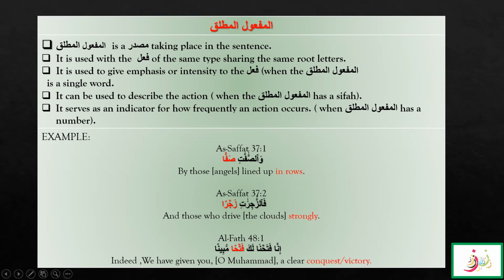The last example for today is Inna Fatahna Laka Fathan Mubina. Here we can see that Fatahna is the verb and Fathan is a maf'ul mutlaq because they are sharing the same root letters and it is giving the emphasis or intensity to the verb Fatahna. Indeed, we have given you, O Muhammad sallallahu alaihi wasallam, a clear victory or conquest.